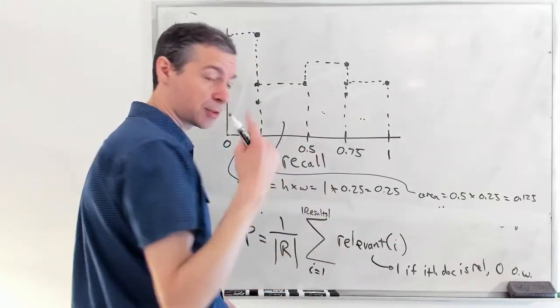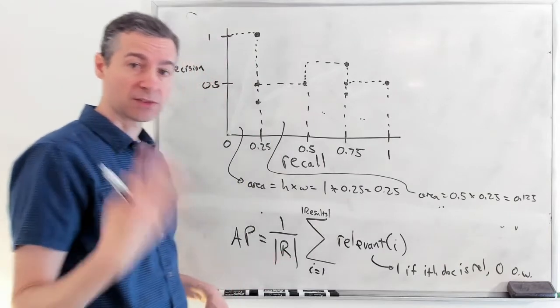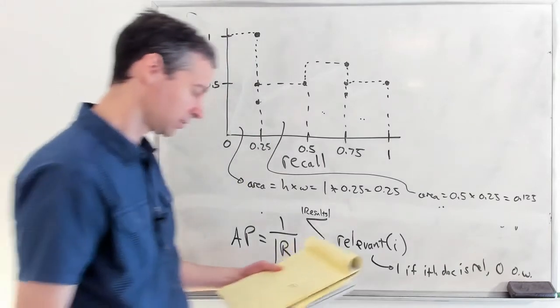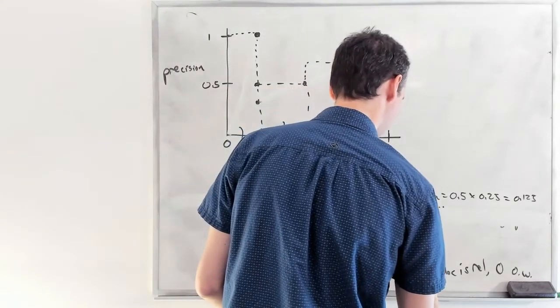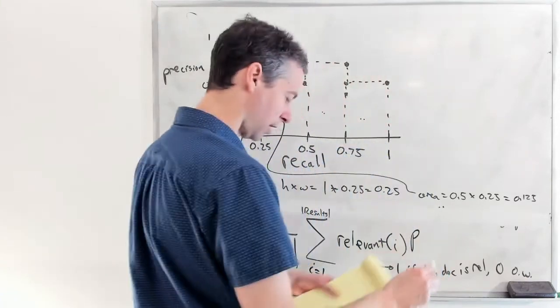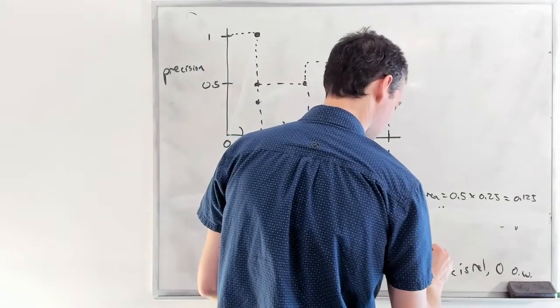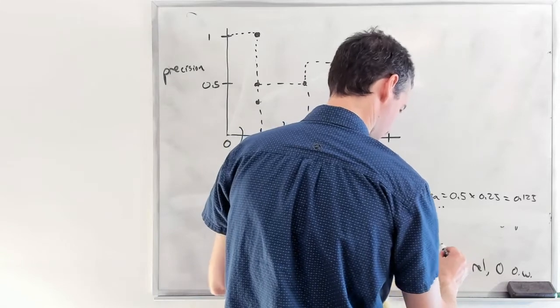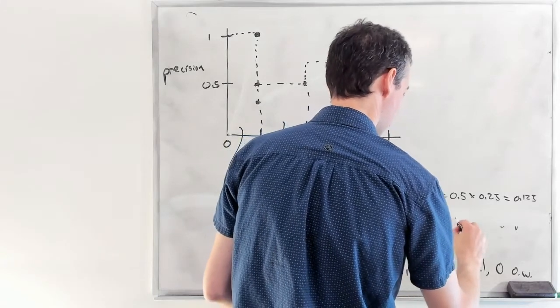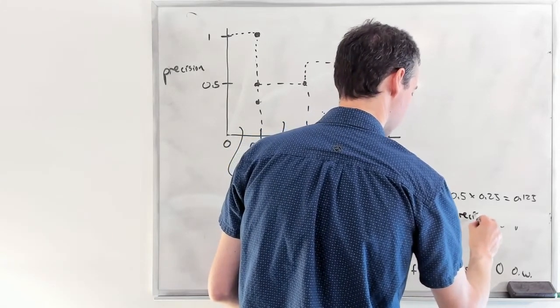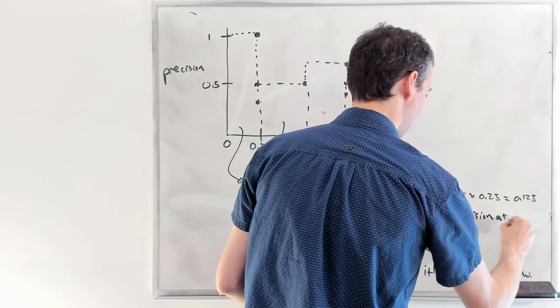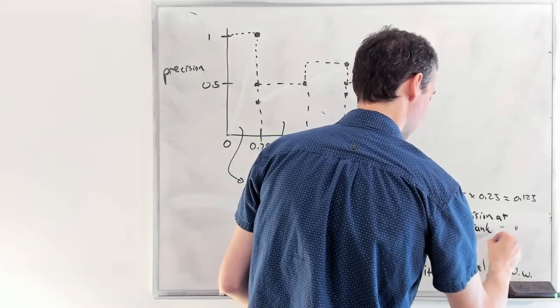It's 1 if it's been found to be relevant, and 0 in all other cases. And then we just multiply this by the precision at I. So again, this is like an indicator, and this is the precision at rank I.